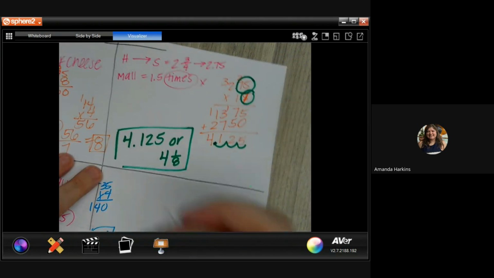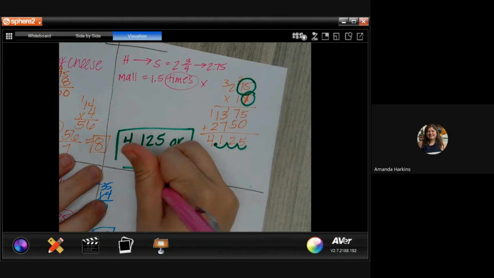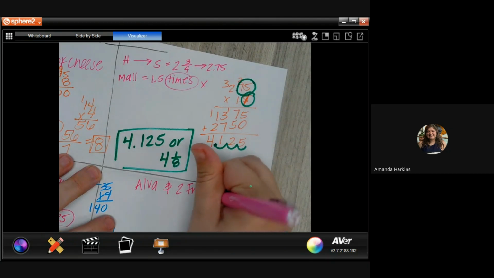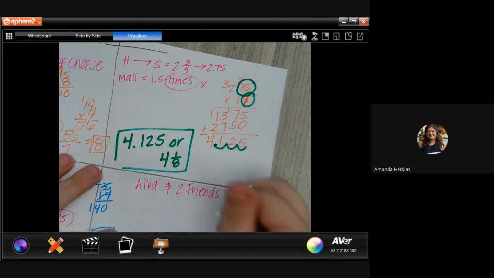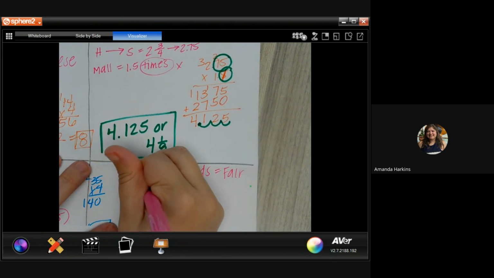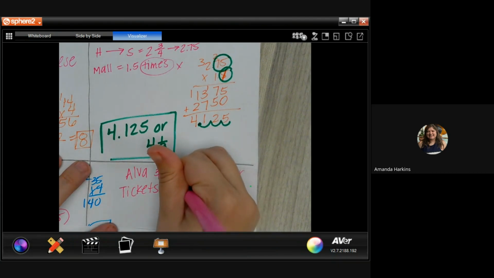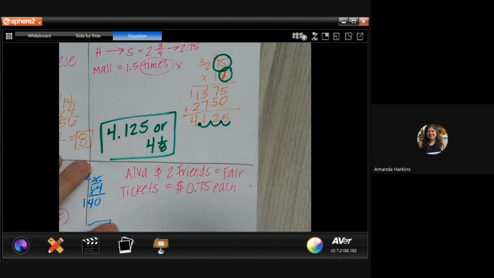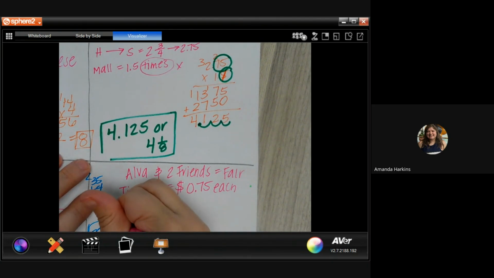So, okay, we know that Alva and 2 friends go to the fair or the festival. We know that the tickets are 75 cents each, and she buys 45 tickets. We know that they are sharing equally.